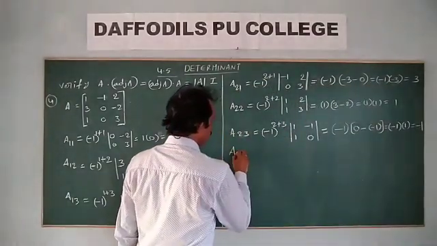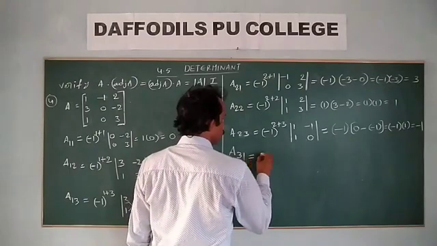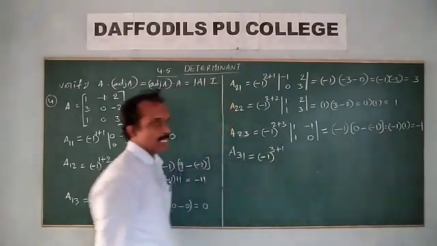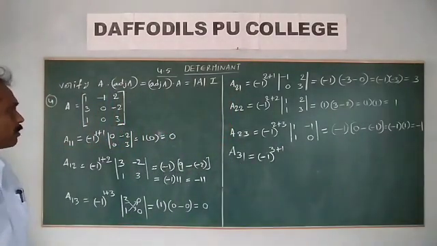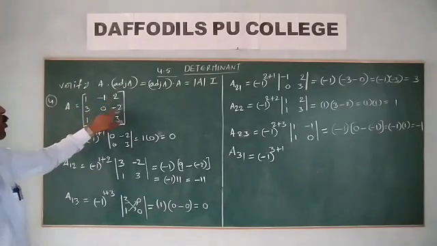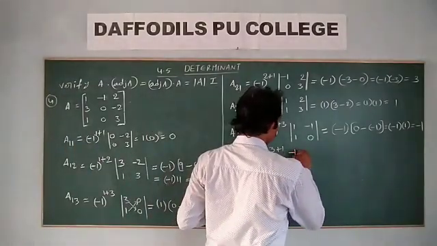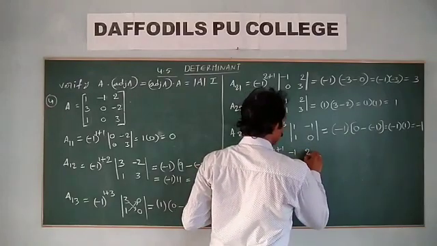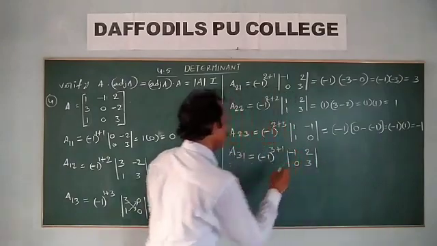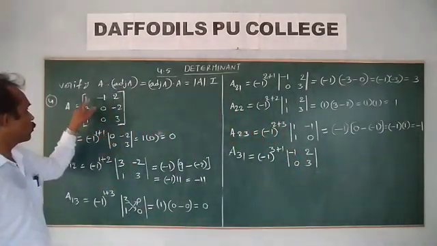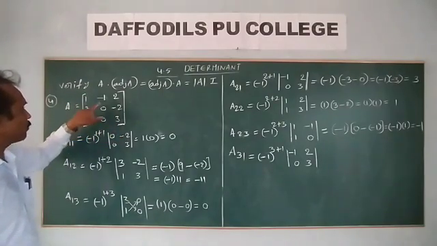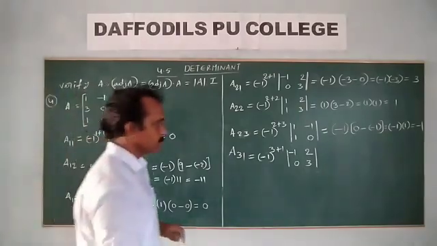A31 is minus 1 to the power of 3 plus 1. Deleting this row and this column, the minor is minus 1 2, 0 minus 2. We want A31, deleting this row and this column.